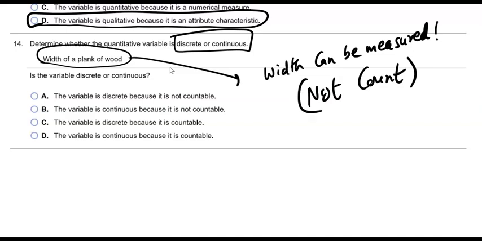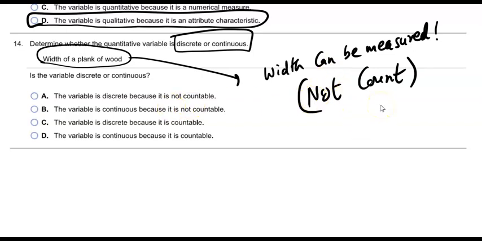As long as you count, it's called discrete. In other words, if you find the value of the variable by counting, like number of juices, number of cars, number of points in a basketball game, these are discrete. But if you measure, that can be continuous.